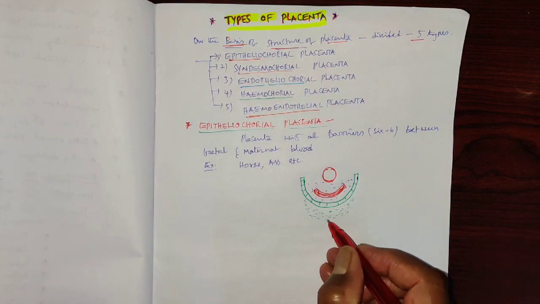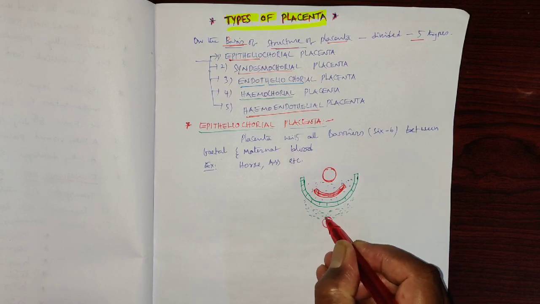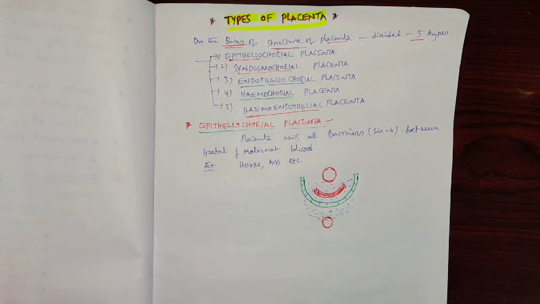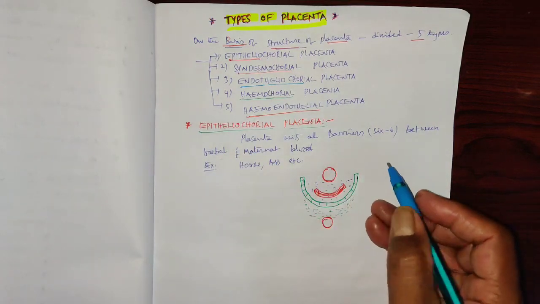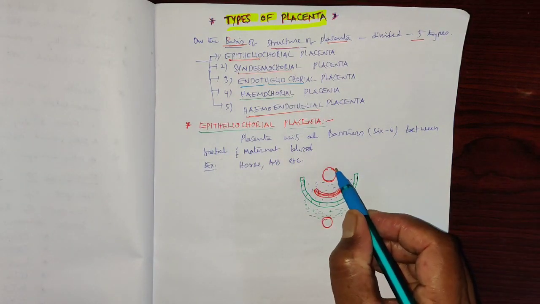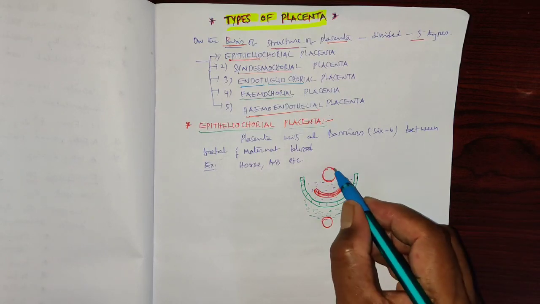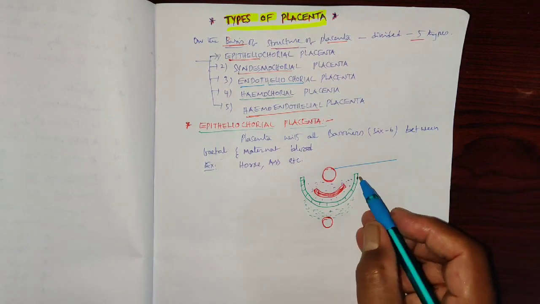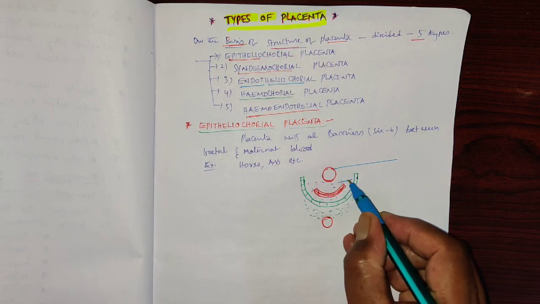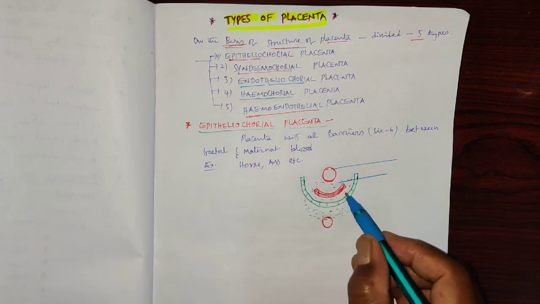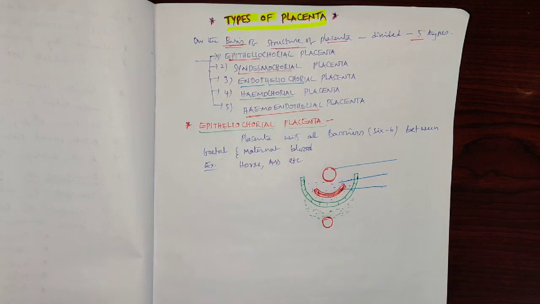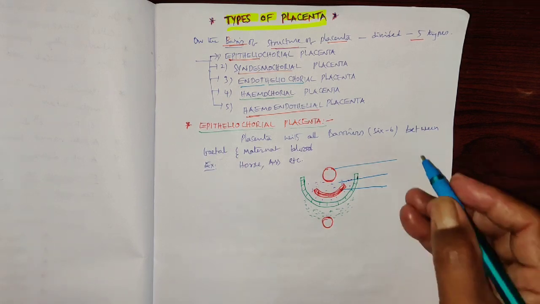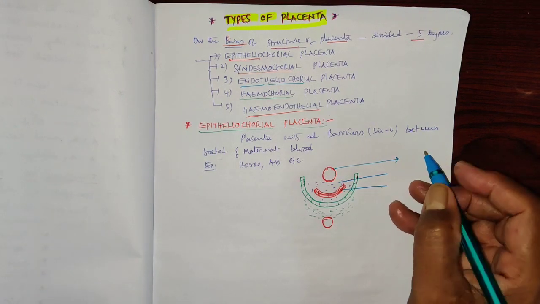So a placenta with 6 barriers or 6 membranes is called epitheliochorial placenta. They are 3 from fetal and 3 from maternal.